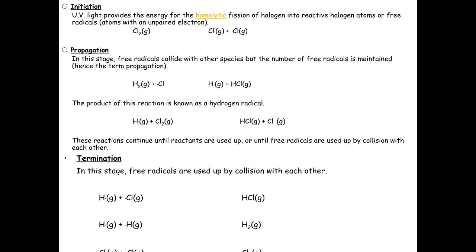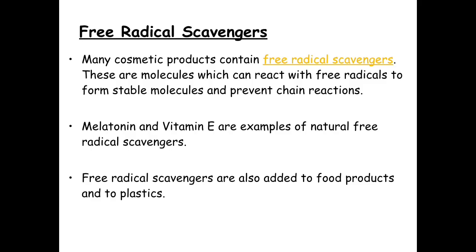We have propagation, where one of the free radicals meets another molecule and splits that apart, forming a second free radical while joining itself to that. Then we have termination, where a free radical meets another free radical. This can take thousands and thousands of reactions and can lead to a lot of damage to the environment.